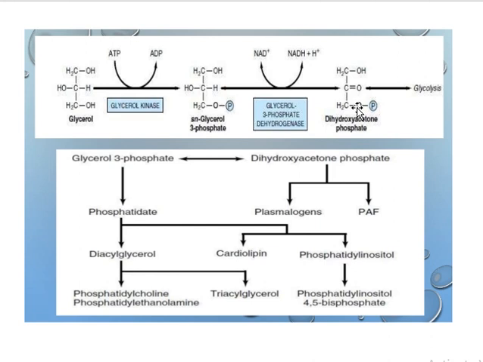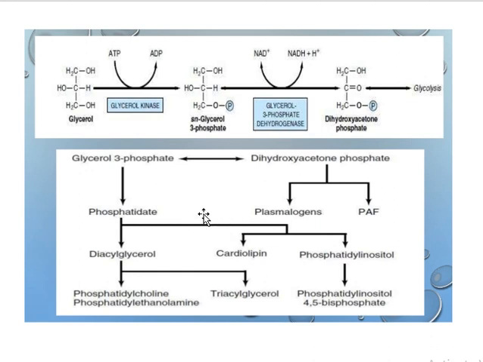On the other hand, dihydroxyacetone phosphate is converted to glycerol 3-phosphate by the action of glycerol 3-phosphate dehydrogenase. In this reaction, the keto group of the dihydroxyacetone phosphate is reduced to a hydroxyl group, and the reducing equivalents are provided by the coenzyme NADH. So in this way, glycerol 3-phosphate is synthesized from glycerol and dihydroxyacetone phosphate.